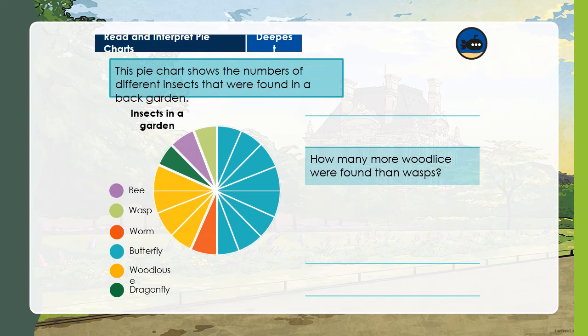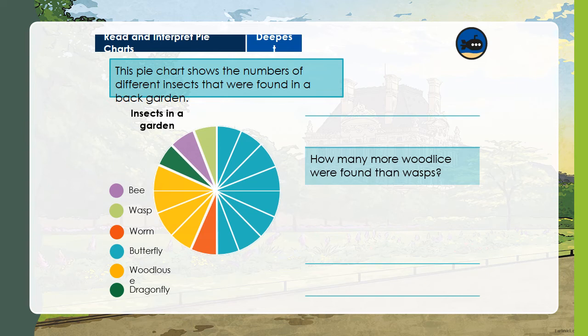We know that we had 96 altogether. So we need to think, what is a quarter of 96? Well, to find a quarter, we can just halve it and halve it again. So we can do it that way, or we also know that one segment is worth 6. So we could just do 6 times 4, and 6 times 4 would give us 24. So we know that there were 24 woodlouse.